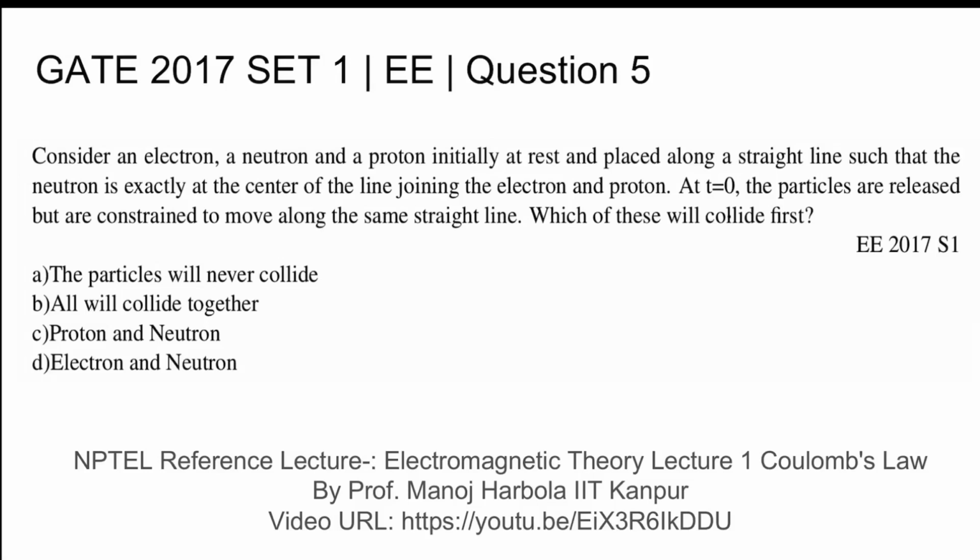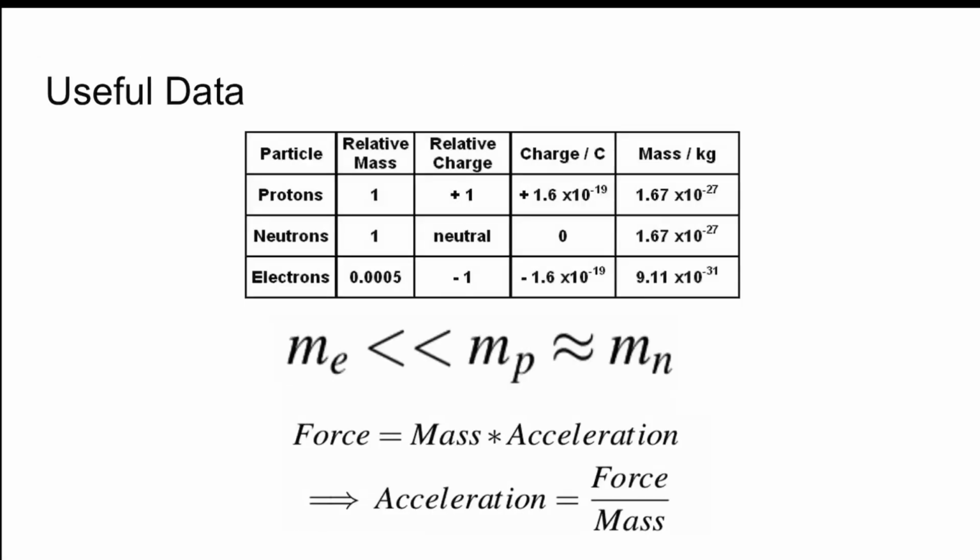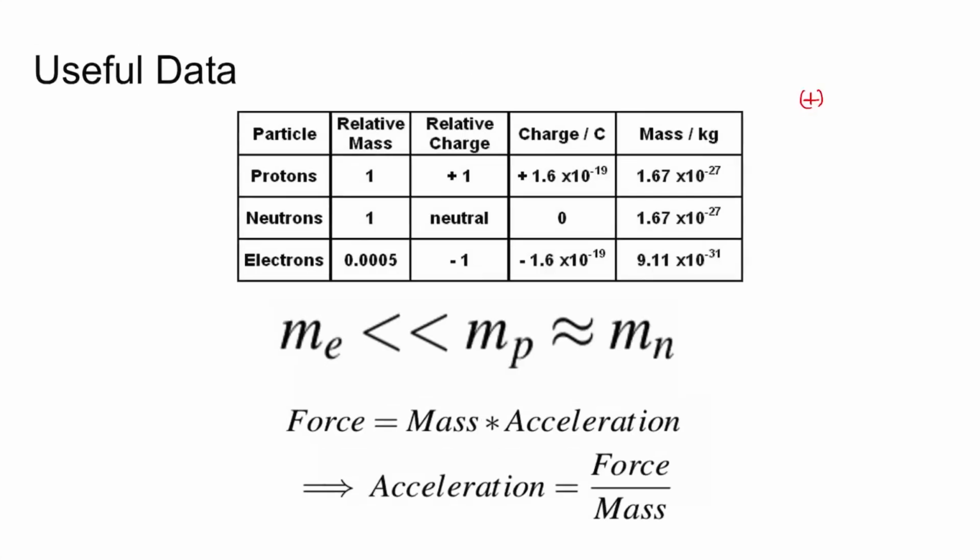To solve this problem we have to see some useful data. Protons are positively charged, neutrons are zero charged, and electrons are negatively charged. The relative charge of the proton is +1, neutrons are neutral, and electrons have negative charge. The mass of a proton is 1.6 times 10 to the power minus 27 kg, and the mass of a neutron is also 1.6 times 10 to the power minus 27.